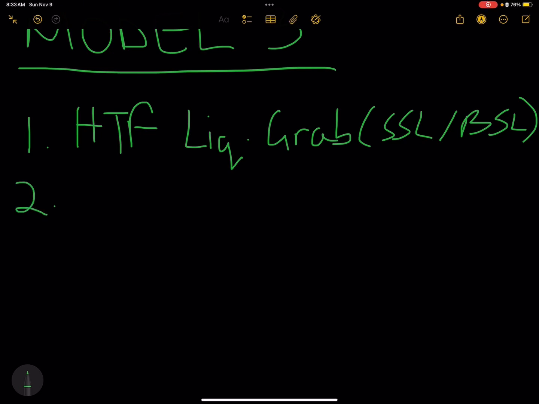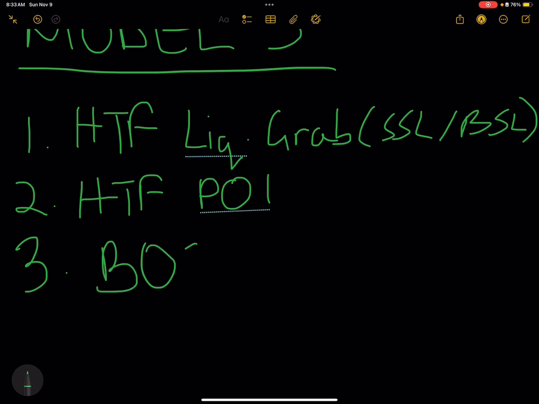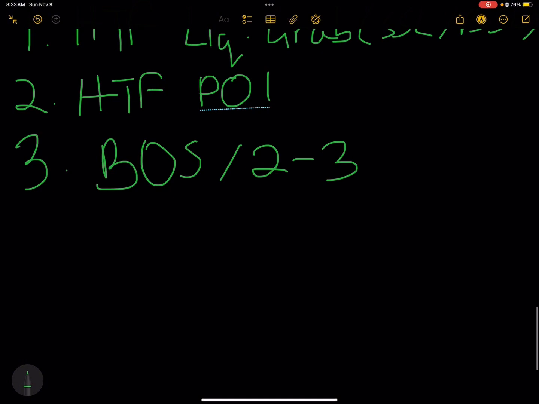Number 2, you need to have a higher time frame POI, point of interest. Number 3, you need to have a break of structure, at least a minimum of 2 to 3. Why? Because a break of structure is a form of confirmation of the continuation of trend.